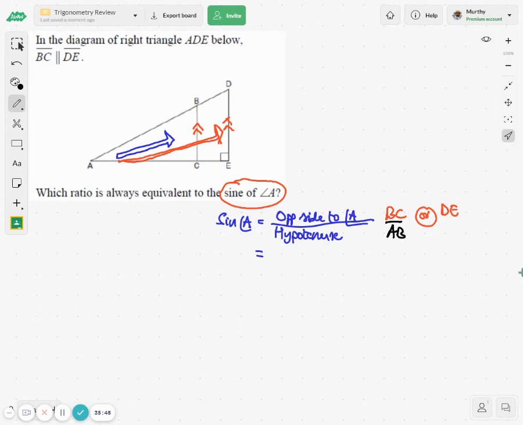If I take DE, then I have to take the hypotenuse as AD. Therefore, if you are taking a test, you have to look at the options, either this one or this one. Sometimes both may be given. Okay, that's it for me for today's class.